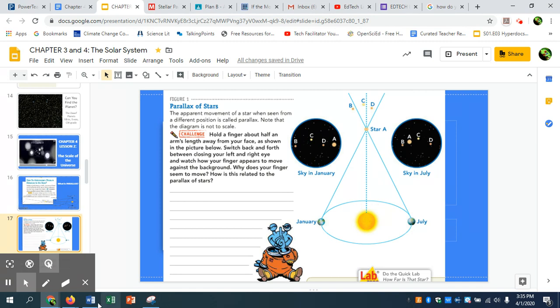So if you take a look at the picture down here, we see the Earth in January is in this position where my cursor is. And then in July, it's in a completely opposite position. So just like you opening and closing one eye or the other eye, that's the same kind of perspective that astronomers can get when they look at the same star from two different perspectives.